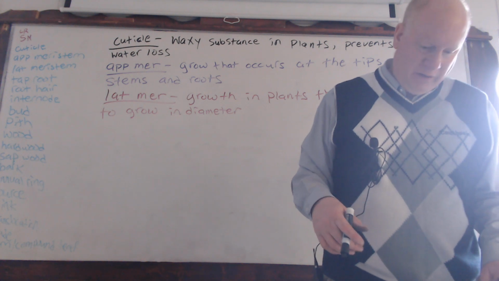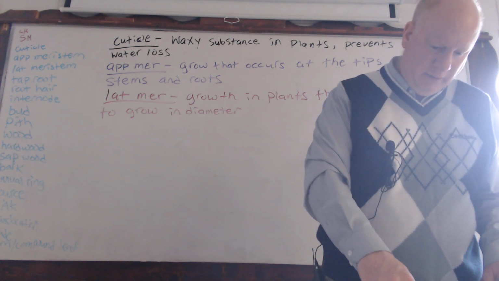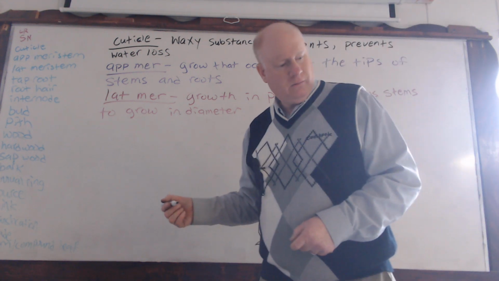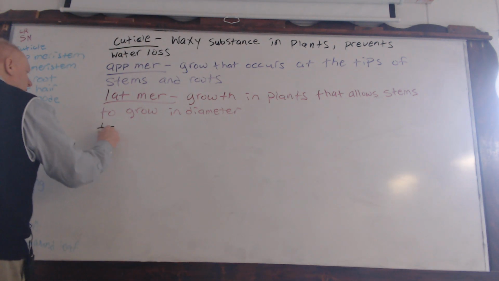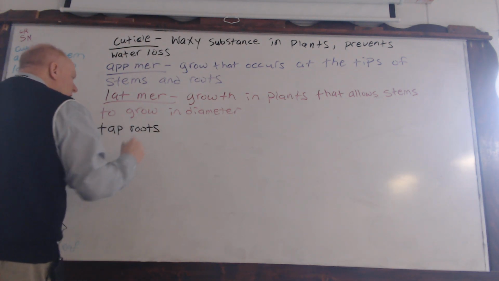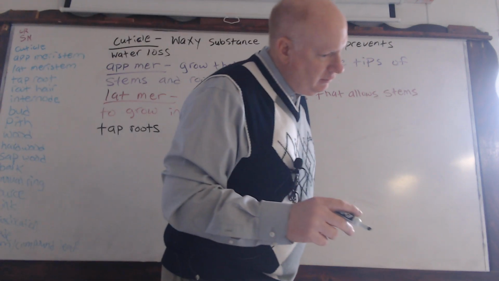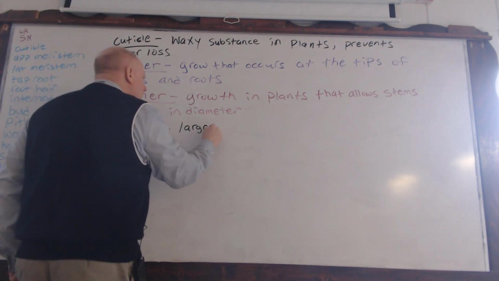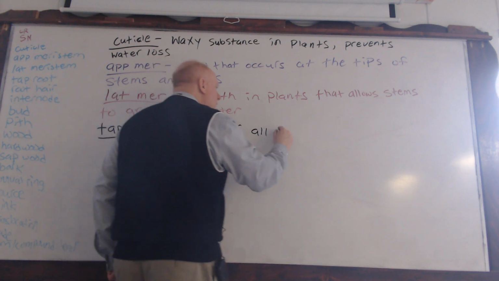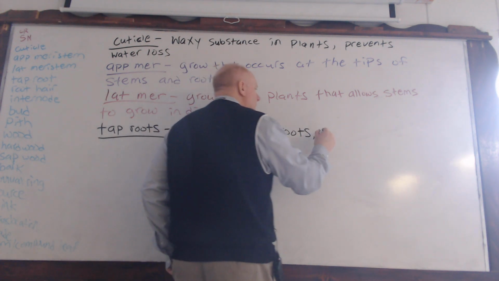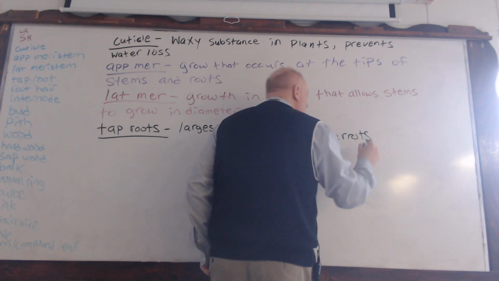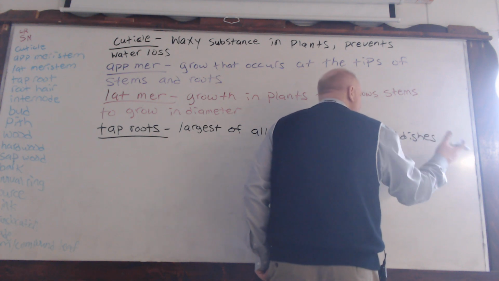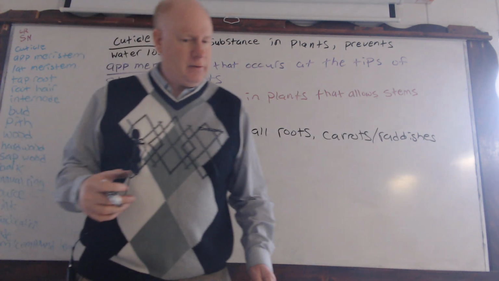To be a little more specific, when we talk about taproots, these are the largest of all roots. Carrots, radishes, you consume them as a food source.